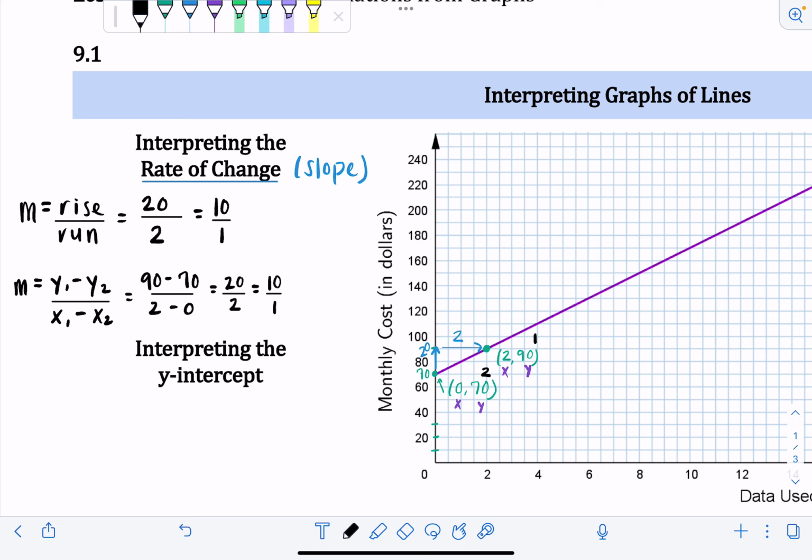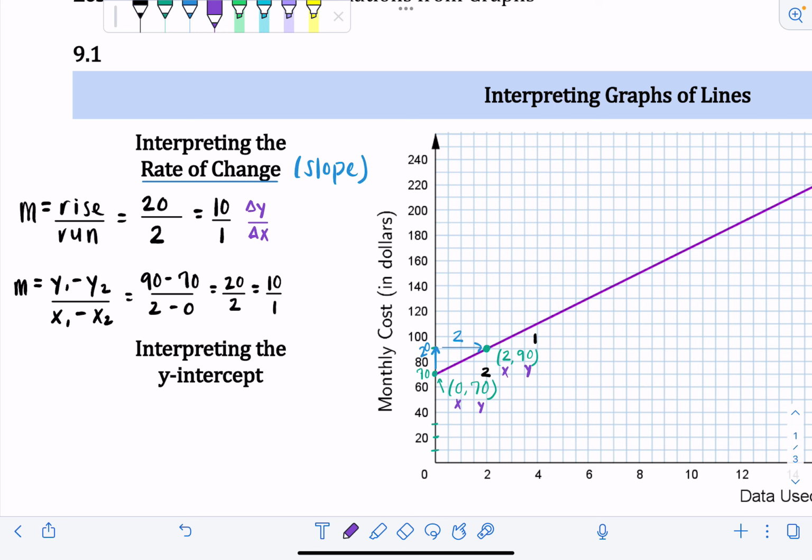Think about interpreting: if you have an interpreter, it's someone translating something to you in a language that you understand better. So we are going to interpret this slope 10 in the context of this problem. Another way that we've talked about slope before is the change in y over the change in x.